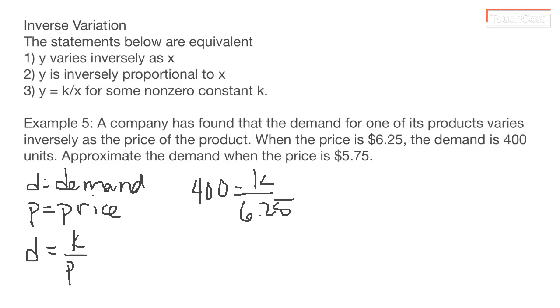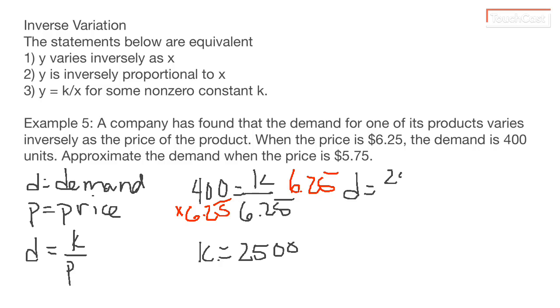And what we can do to solve for K is multiply both sides by 6.25. What this is going to give us is K equaling 2,500, and we have now an equation that will relate price and demand. So we can go D equals 2,500 divided by P. So this is just an equation.